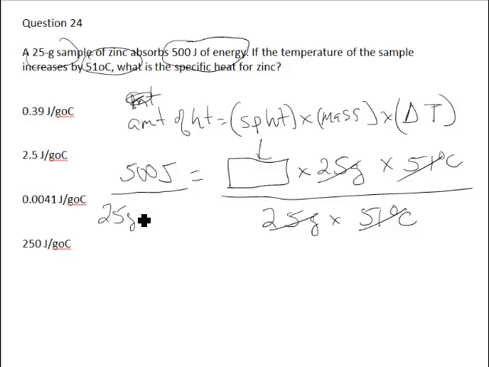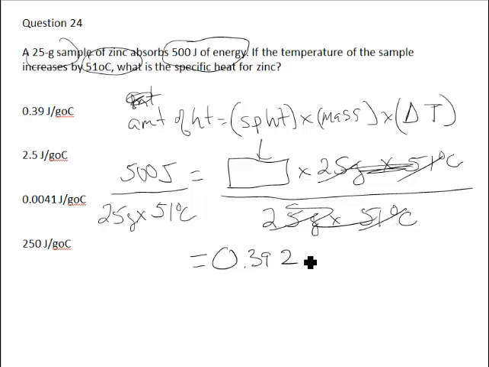So 25 grams multiplied by 51 degrees C. And that will then leave us, these things are gone, so it leaves us with our answer that we need. So we'll do that calculation. Now the number that comes out of my calculator here is 0.392156863. And the units that are left are joules over grams degrees C.